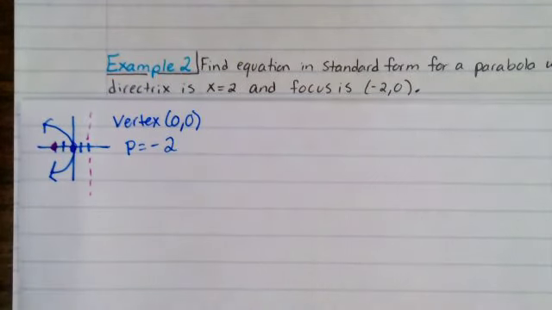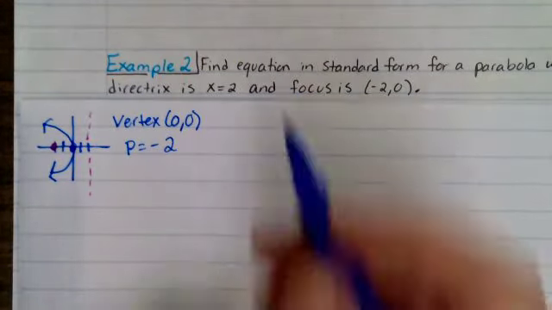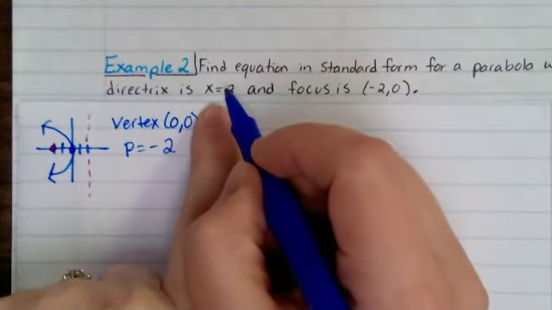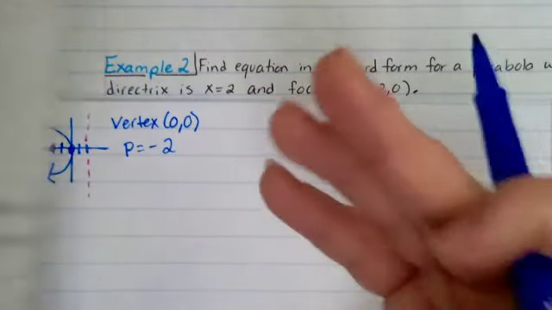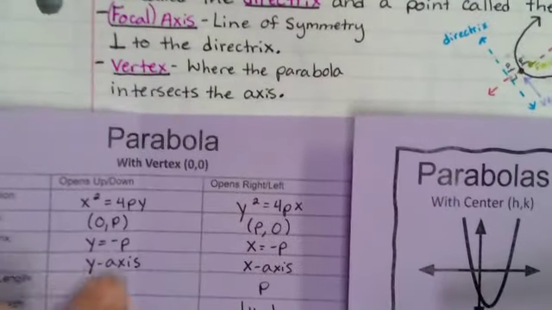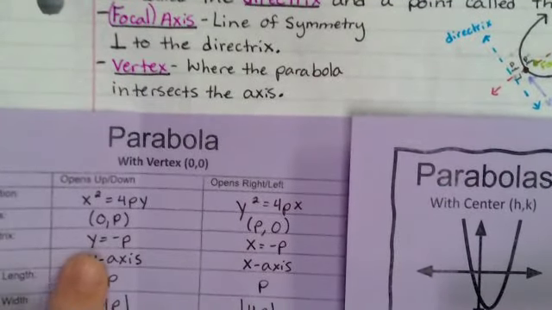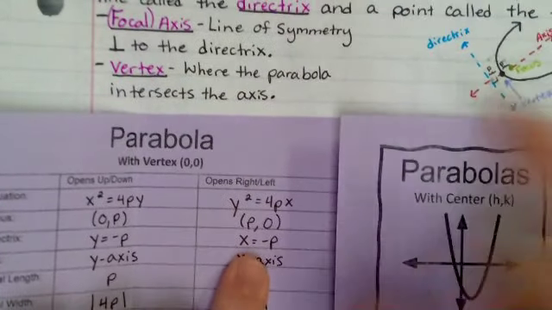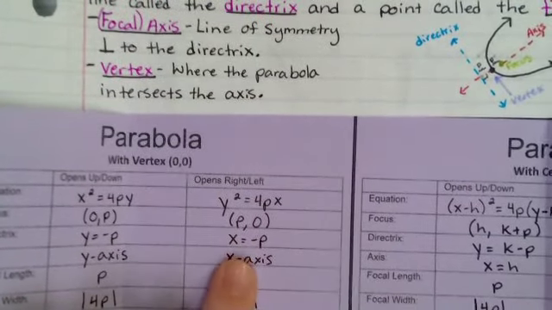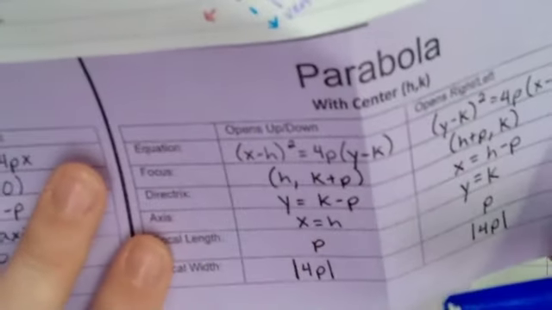So again, there's multiple ways that you can go about it. You can even look at your directrix here and say, okay, if my directrix is x equals 2, then that falls into this category, right? Or the one, I don't know if it's going to fit on my paper, but the one over there where it's opening right or left.